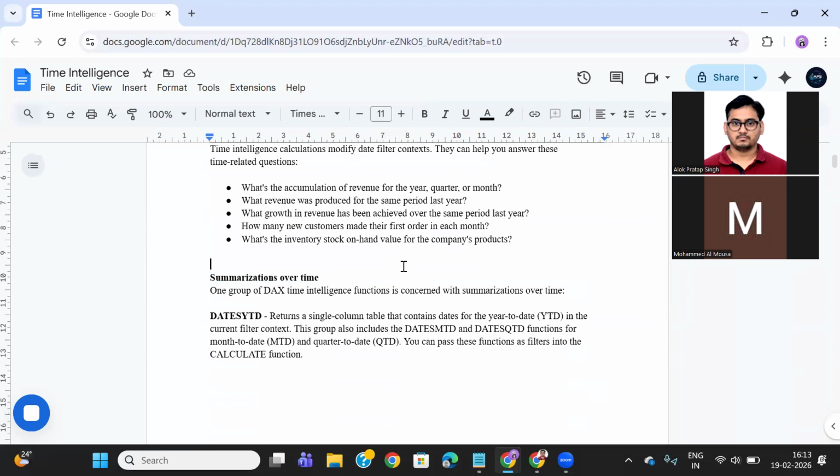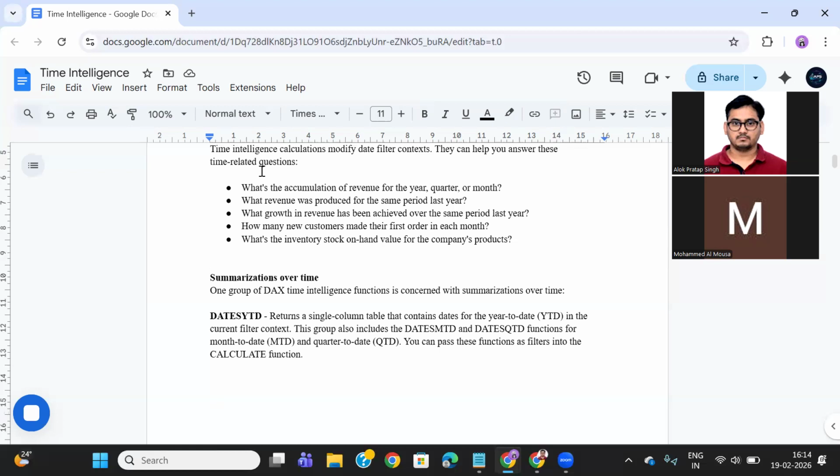Suppose summarization over the time. What do you understand? Do you have any thoughts on it? What do you understand by summarization over the time? Summary of a particular period.